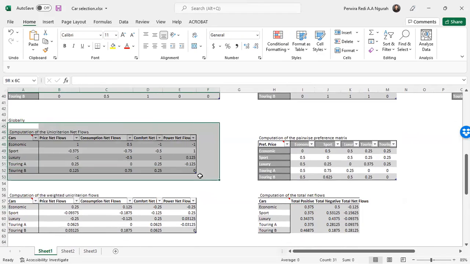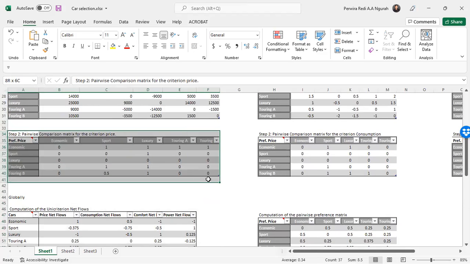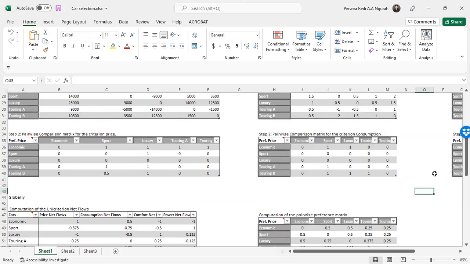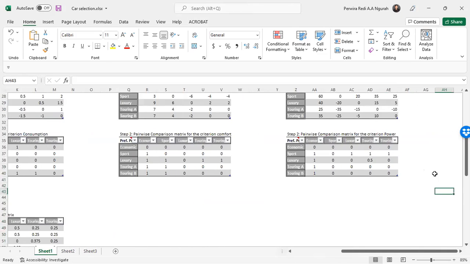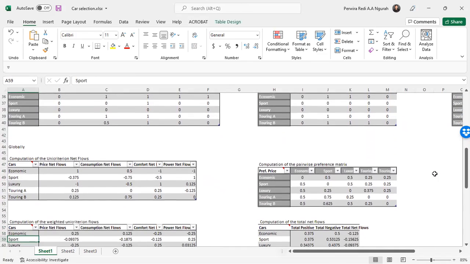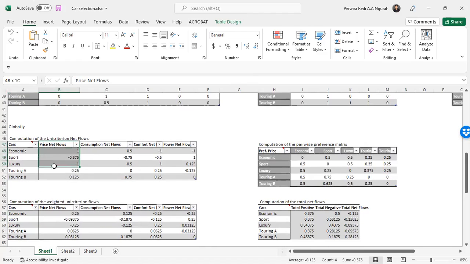You only compute the price, and after that you need to do the comparison for consumption, comfort, and power, and then you calculate all of the net flow for price, consumption, comfort, and power. Okay, and then you need to calculate.